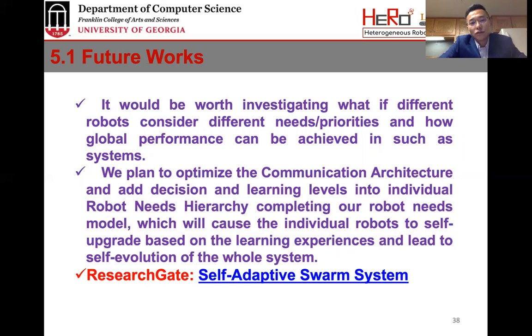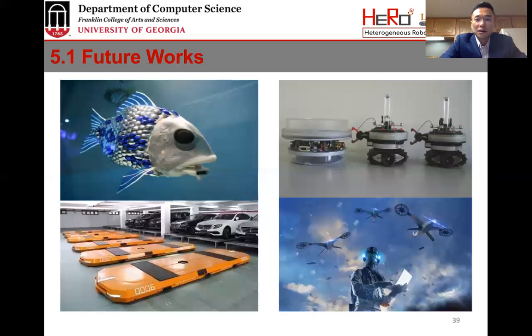And we plan to optimize the communication architecture and add the decision and learning level into the individual robot's needs hierarchy to complete our robot needs model. Actually, implementing our work on real robots, especially multi-robot systems, is also very challenging and exciting work for our future research.